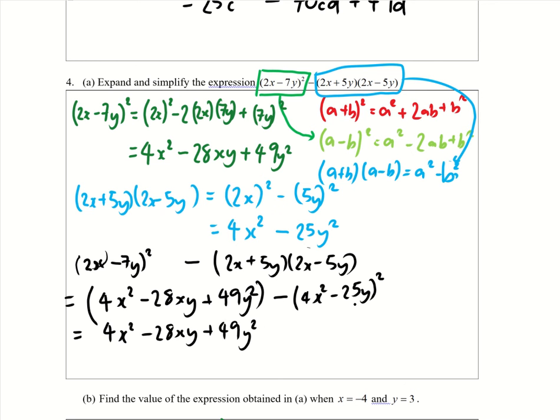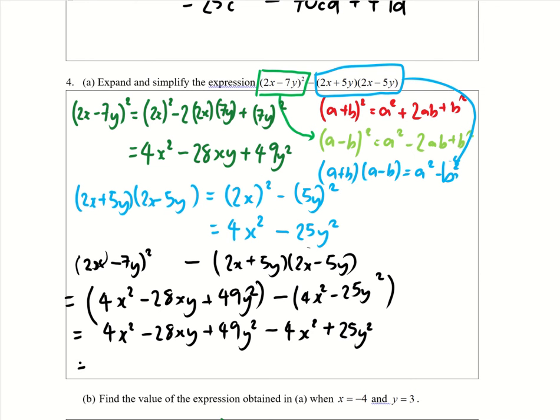And then over here I can expand everything. So minus times positive 4x squared, I will have negative 4x squared. Negative multiplied by negative, I have positive, so plus 25y squared. Actually, wait, the bracket should be outside over here. And then rearrange the like terms.